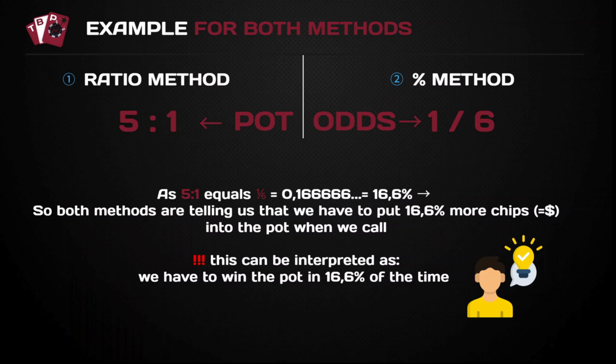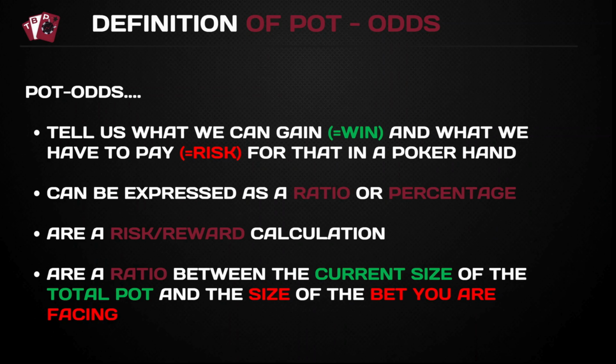So, with that clarified, the only thing left to figure out is a useful definition of pot odds. On this slide I listed a lot of possible definitions for pot odds that I found in books, papers or the internet.